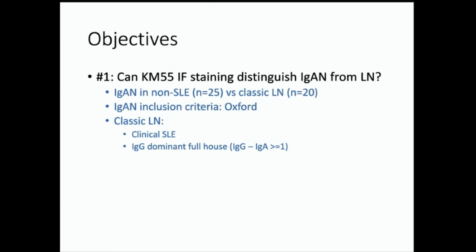And then for the kidney, we want to see IgG dominant full house staining with bright C1q, and then IgG greater than IgA with more than 1 grade, which means, for example, if IgG is 3+, IgA is at most 2+.